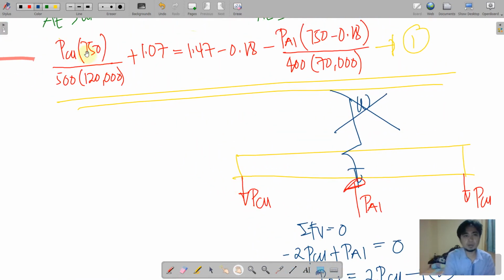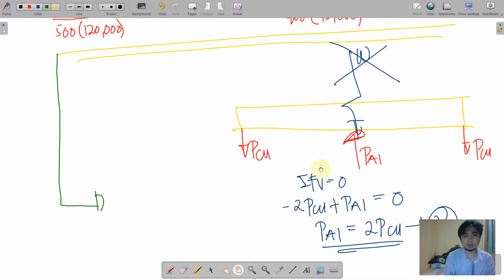Now, we go back to this working equation, okay, by injecting equation number 2.